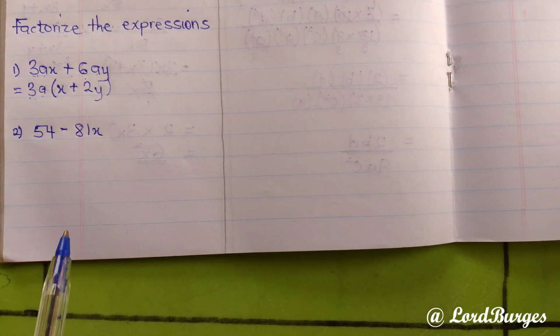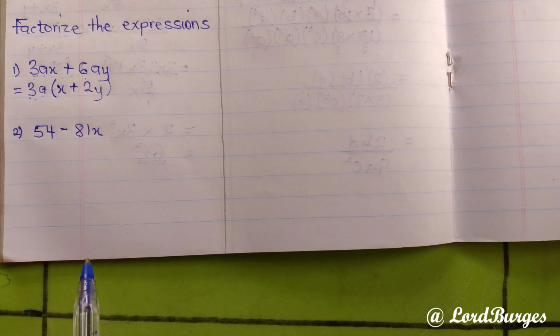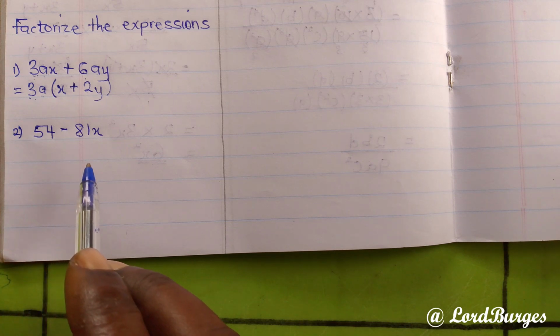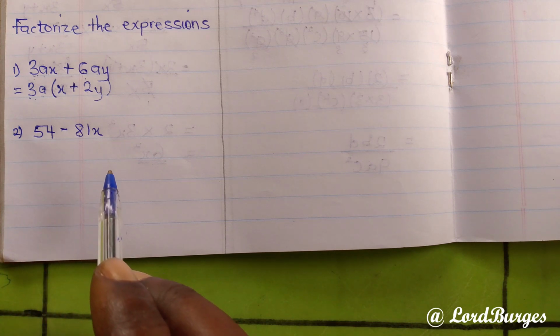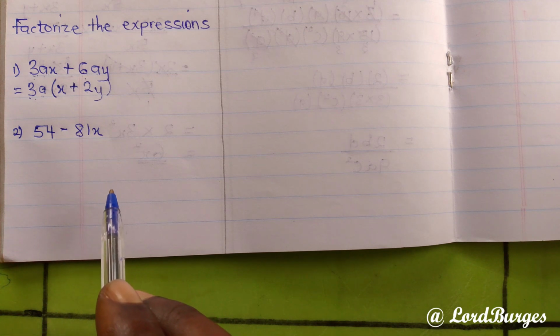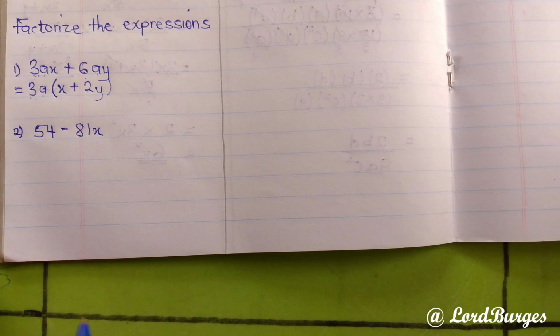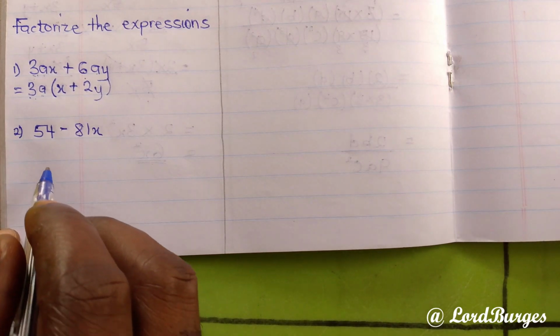I also have 54 minus 81x. 54 take away 81x. What is the highest common factor of 54 and 81? The highest common factor of 54 and 81 is 27.